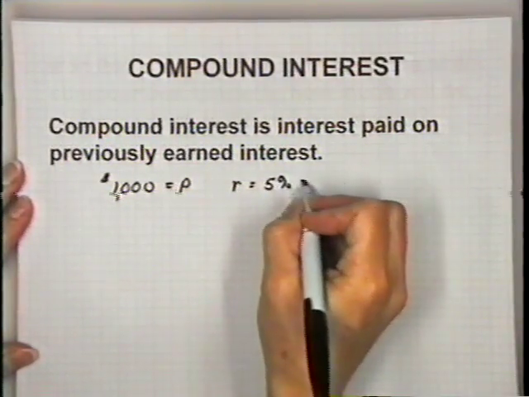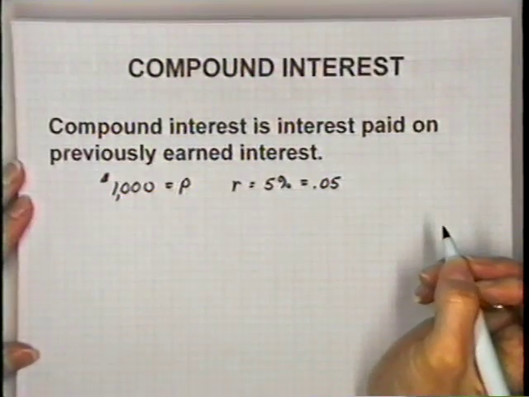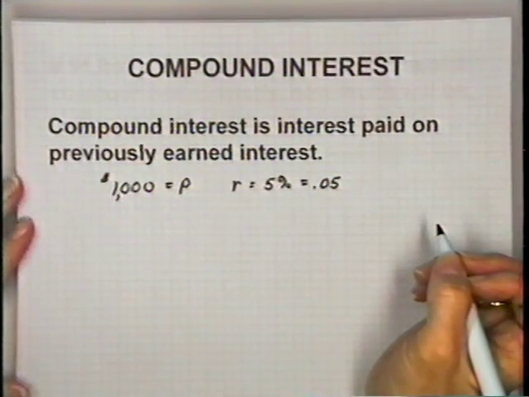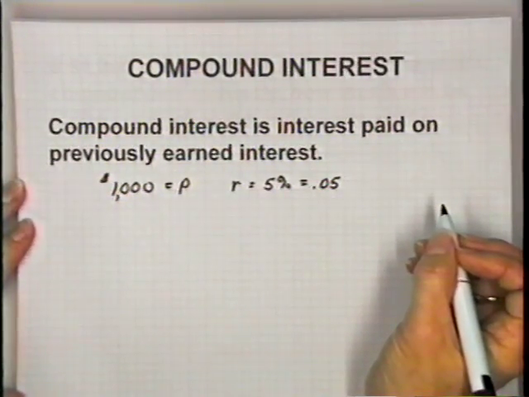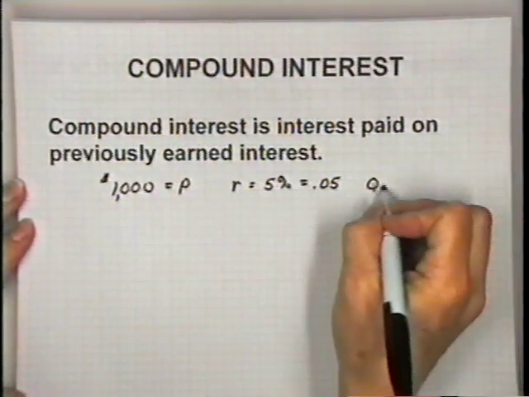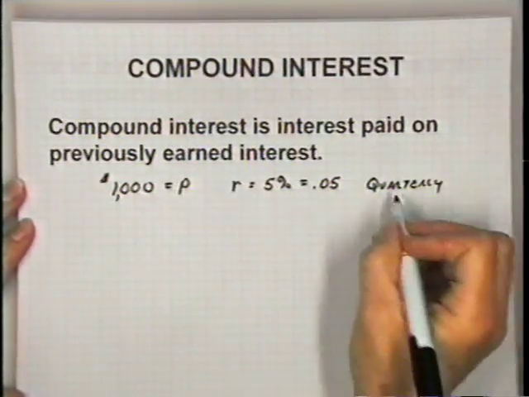And remember, as we use percents, we will write those as decimals, so 0.05 would be the equivalent decimal. And let's say that this interest is paid quarterly. Do you know what quarterly means? That means 4 times a year.